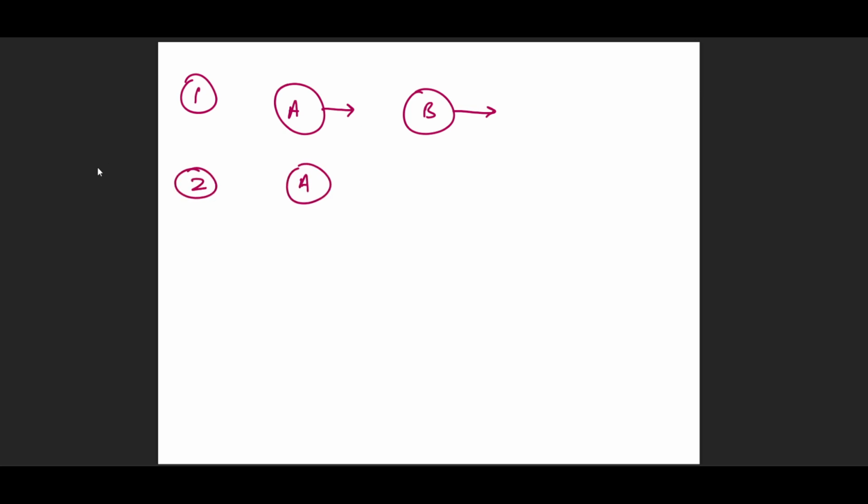Now, it could be a before system, it could be an after system, it does not matter. The rule will still be applied. So one of the cases is that an object A and object B are moving in the same direction, towards the right side. And in another case, there is an object A and object B moving towards the left side, but it will be spoken of as the same direction.